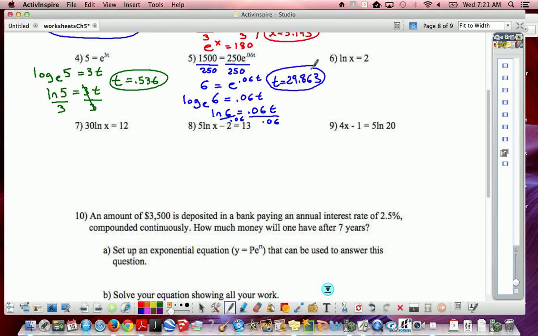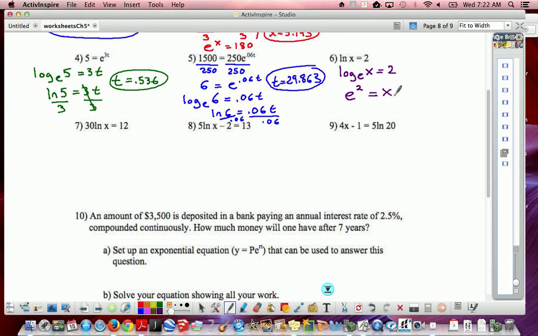All right, on the next one. Here I have the natural log of x equals 2. So if it helps you, rewrite it using the base e form so that you can see that it's still in log form. I don't have x by itself, so I'm going to rewrite it in exponential form. Base is e to the exponent, which is 2, equals the number.